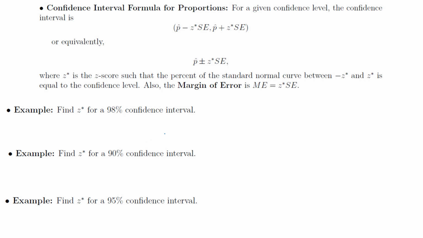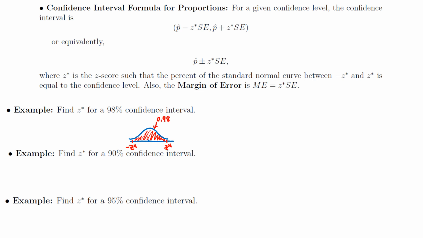So first of all, for 98%. For each of these, I want to just sketch a quick normal curve. So for 98%, what I want to do is draw a picture so that between negative z and z, I have 98% of the curve.